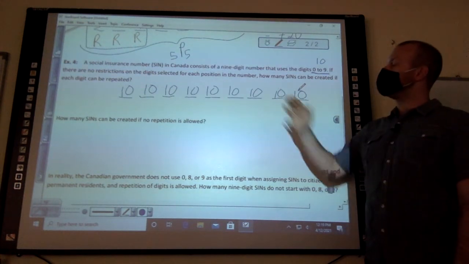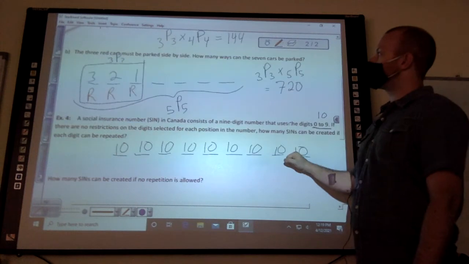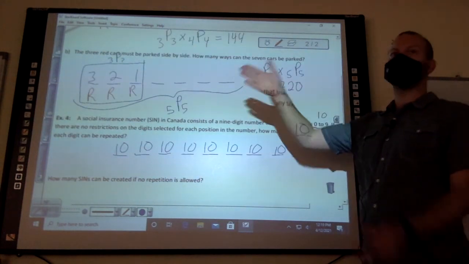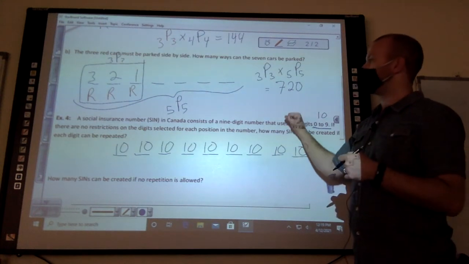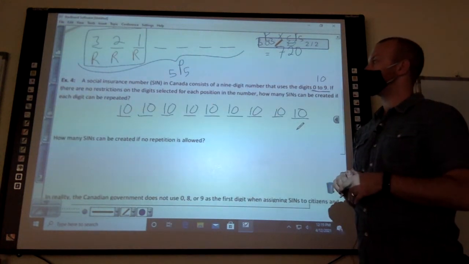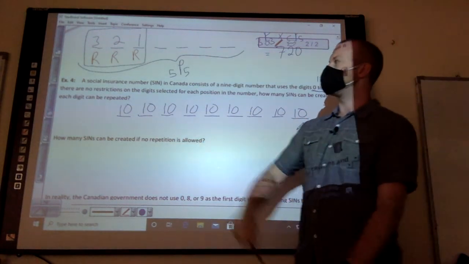Because I'm picking numbers, I'm allowed to repeat numbers. As opposed to something like picking cars, where I cannot repeat the same car because I only have one of those. Whereas here, I'm allowed to repeat any numbers because I'm not restricted to say there's no repetition, which we'll get to down here.